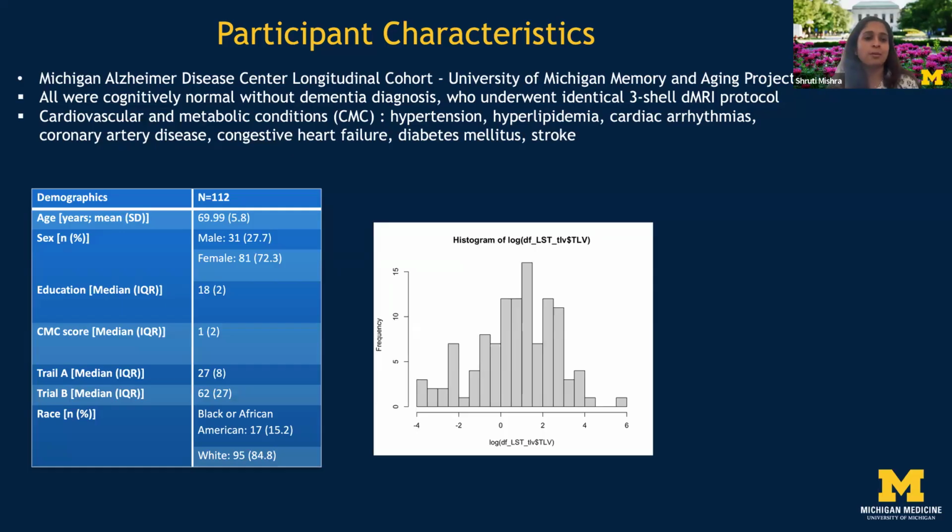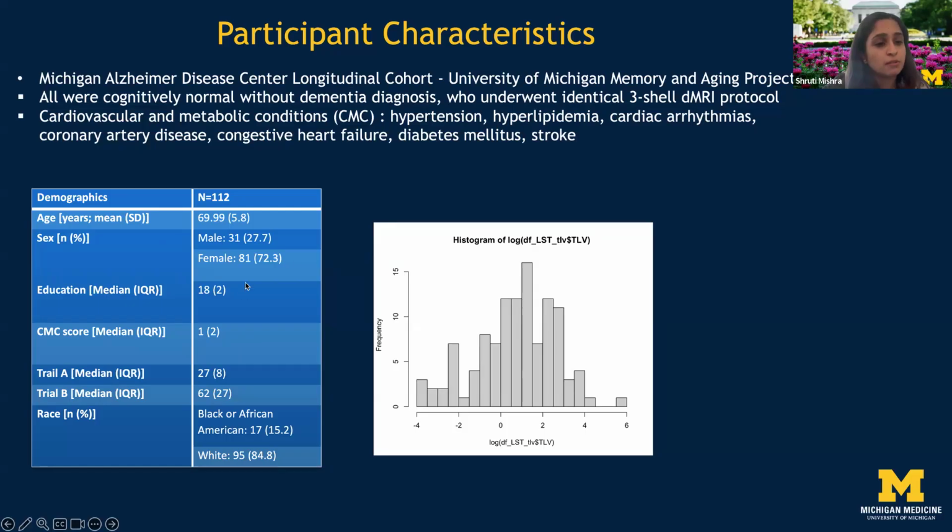Overall, we were limited basically by participants who had been imaged with this protocol up until my data pull, which I think was around April 2024. So there were 112 participants that I pulled, and overall this was a pretty healthy cohort. You can see that the overall cardiometabolic composite risk score was pretty low across the subjects.